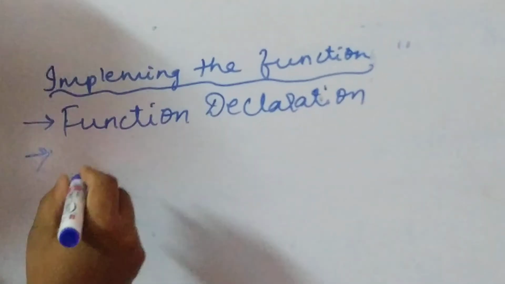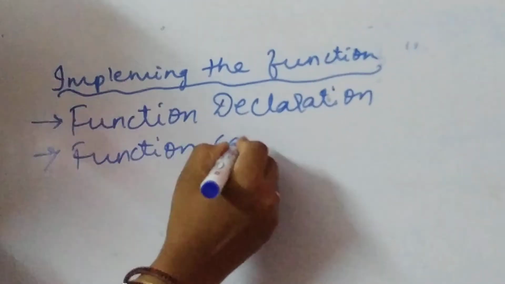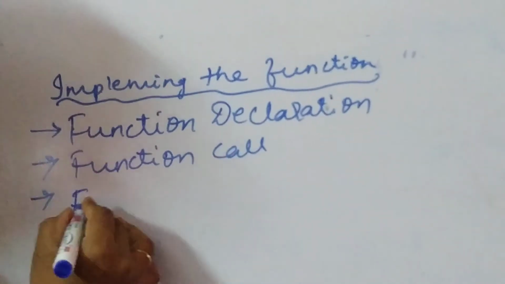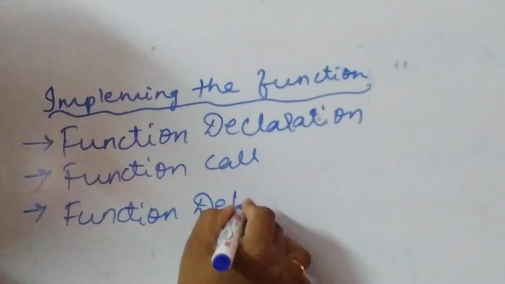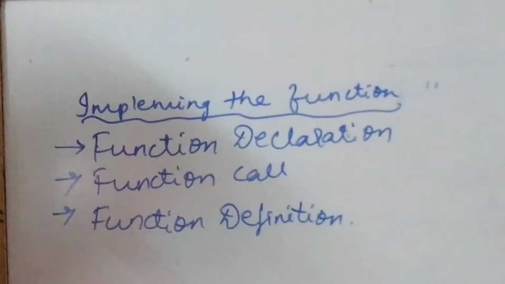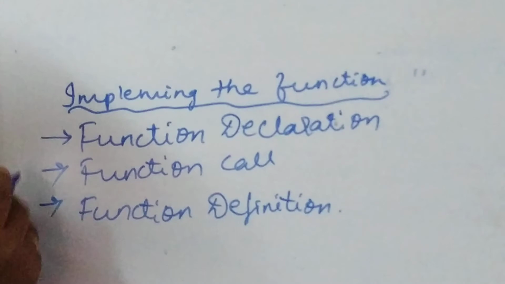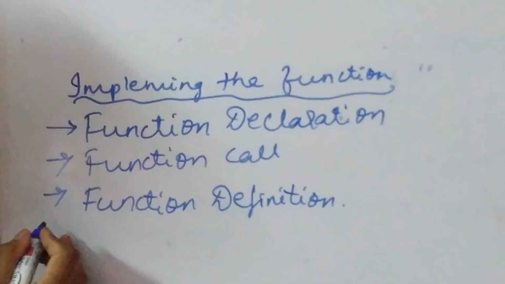Second, function call. And third, function definition. So to implement a function, we need these 3 concepts: function declaration, function call and function definition.